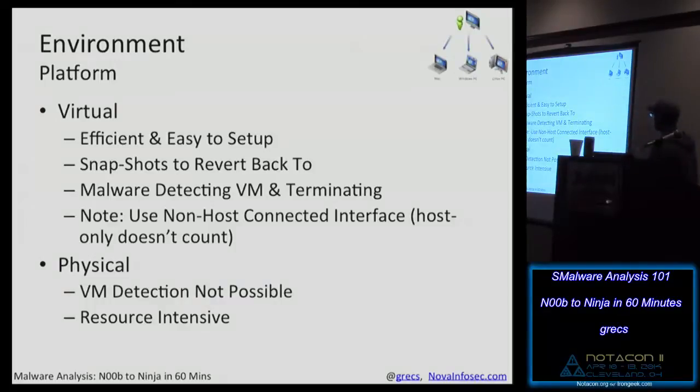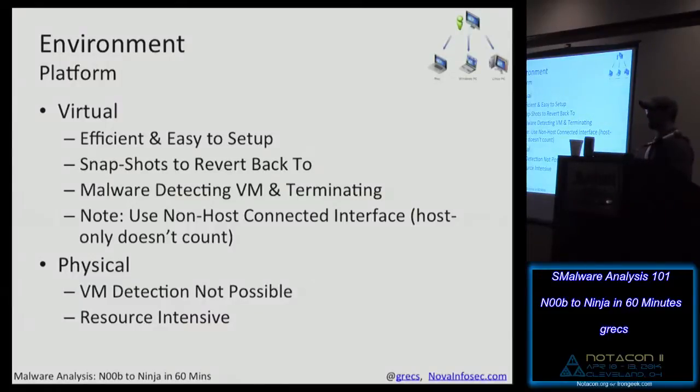And then also the physical one. If the malware is checking whether it's in a virtual machine and stopping, and you can't trick it, you may have to fall back to just using a physical box. But unfortunately, the downside is that it's fairly resource intensive. You need to dedicate this whole box to it.